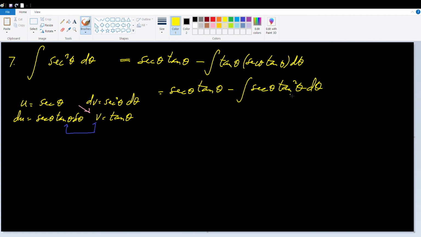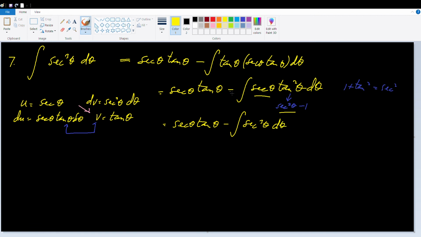So what do we do next? Let us apply an identity to tangent squared theta. Tangent squared theta is secant squared theta minus 1. It comes from the identity 1 plus tangent squared equals secant squared. So we have secant theta tangent theta minus the integral of secant times secant squared, which is secant cubed theta d theta.